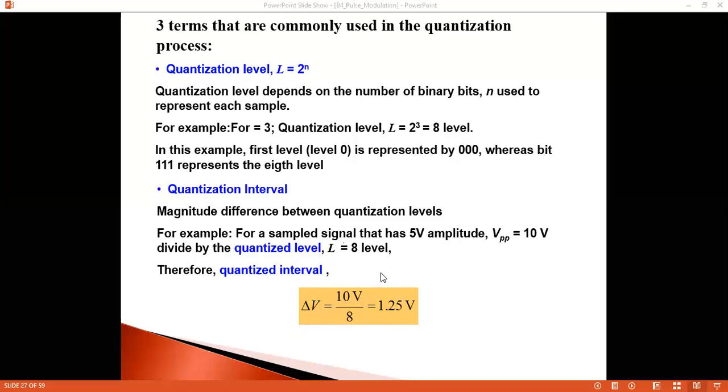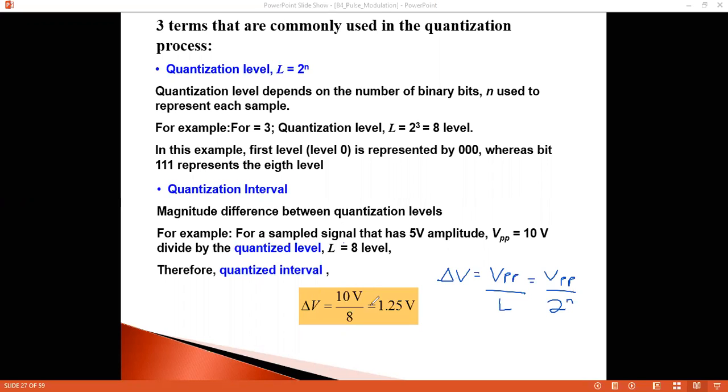So let me just write down the formula. This is the formula, which is equal to V peak to peak divided by L, where L is equal to 2 to the power of n. Okay, so here our V peak to peak is 10 and our L is 2 to the power of 3, which is 8.